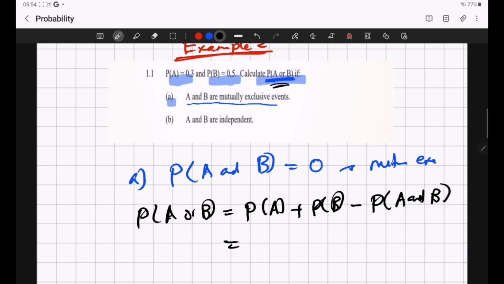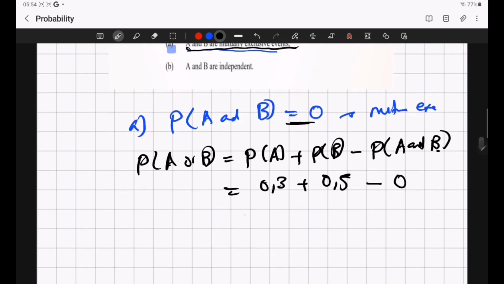Probability of A is given as 0.3, probability of B is 0.5. Probability of A and B is 0 because these two are mutually exclusive. We are assuming that they are mutually exclusive, so it's going to be 0. Then we'll get 0.8 here. That's our answer.